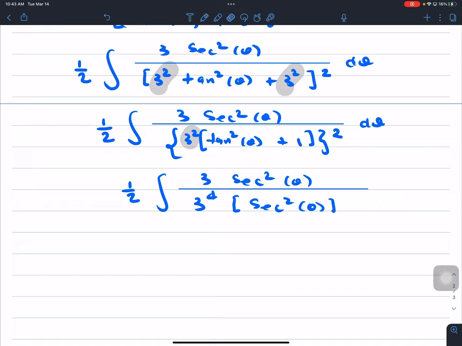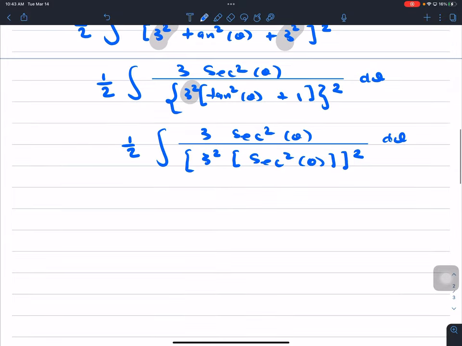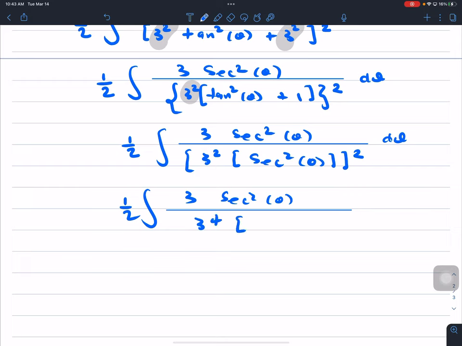So let me actually do it this way. Let me not distribute my power yet, just to kind of be clear here. Double check. Are we okay with that? Okay. So now I have that 3 secant squared theta now over, what's this going to be? 3 to the 4th.